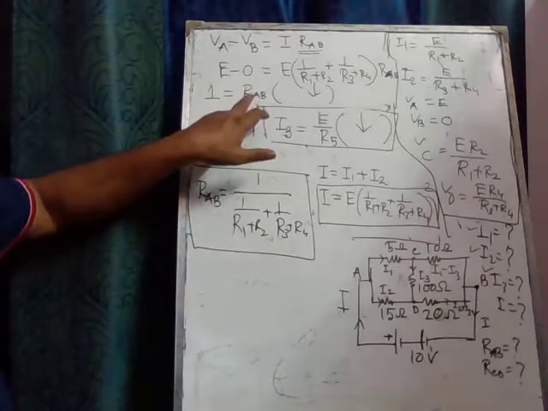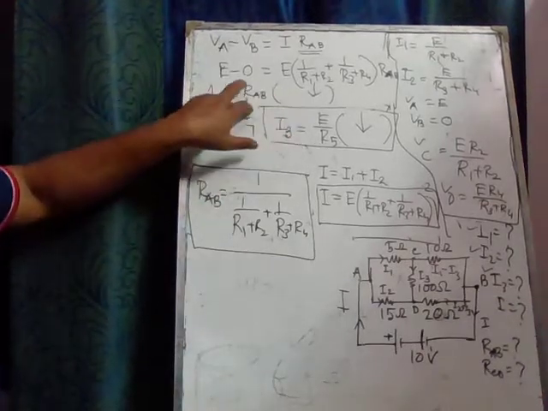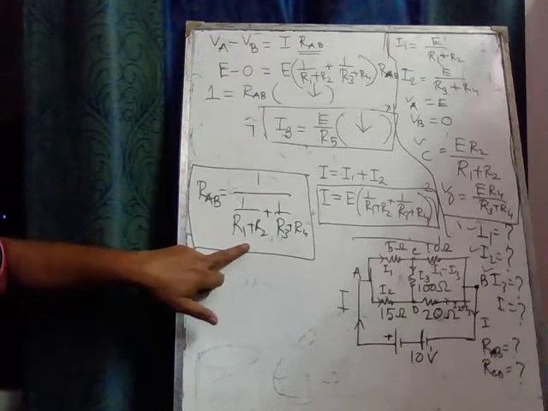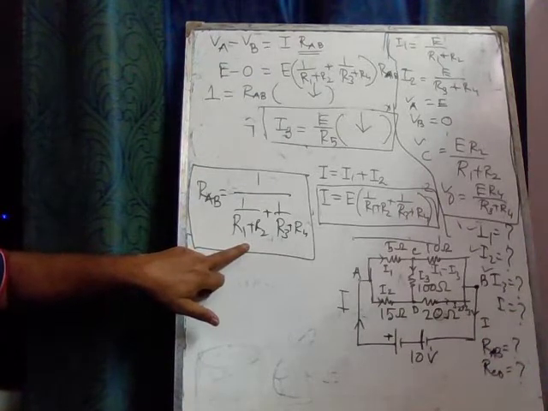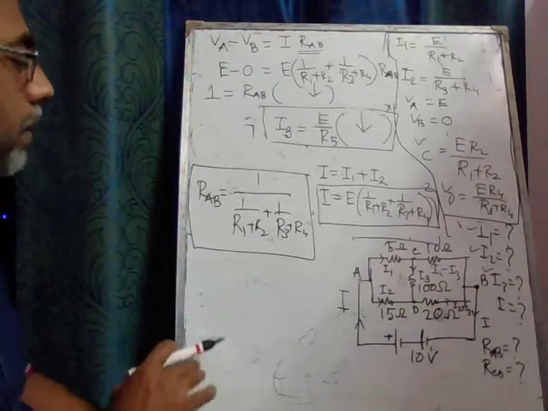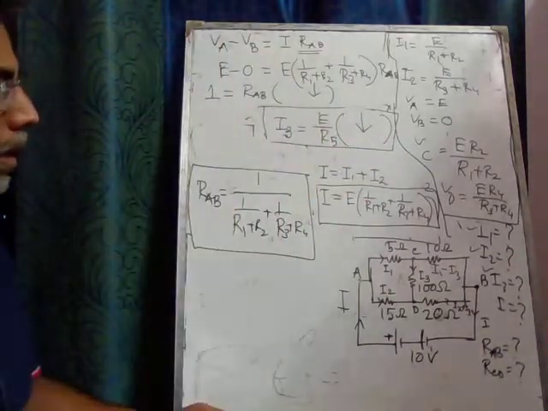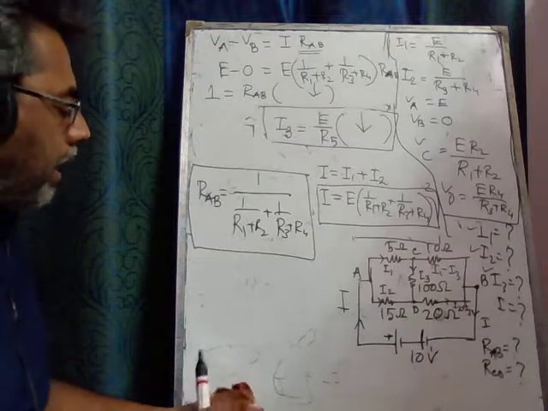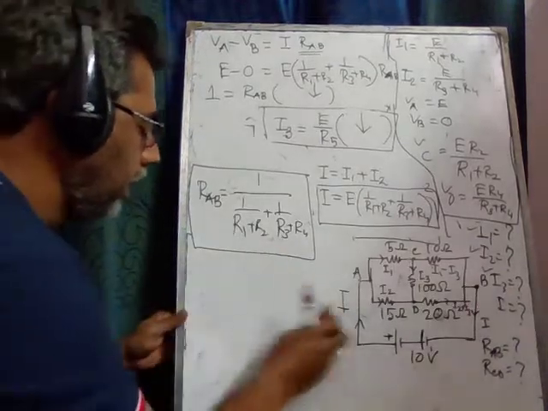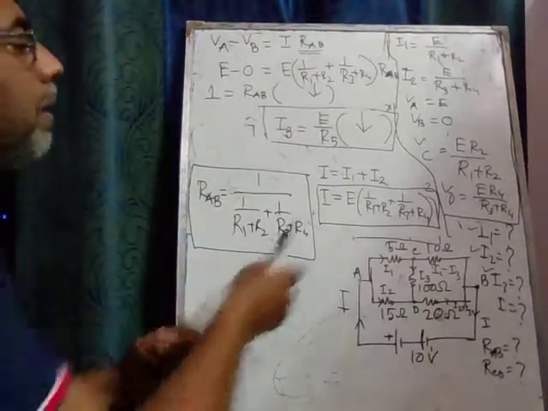Clear? RAB times this equals 1, so RAB must be 1 over this. Now, since we have got all the necessary formulas, we can now solve easily all the components.